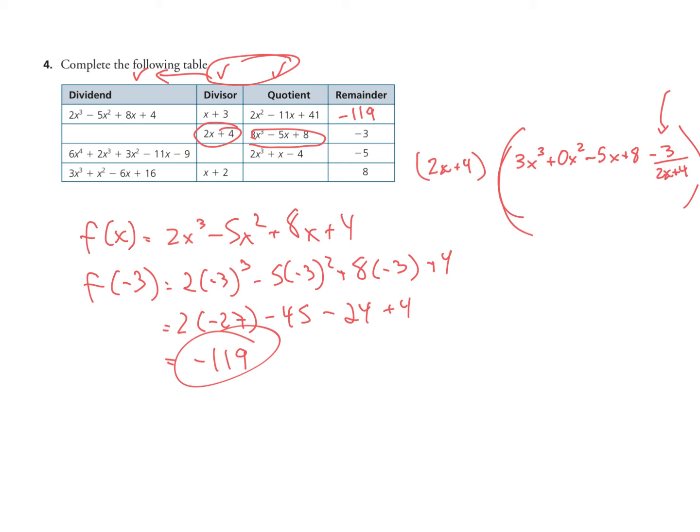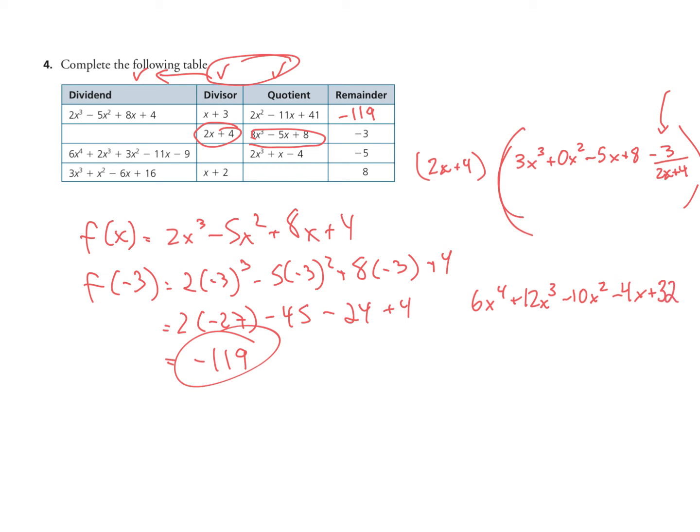All right, so let's multiply this out. You're going to have 6x to the power of 4 plus 12x cubed, plus 0x squared minus 10x squared, and you're going to have minus 20x and plus 16x, so minus 4x. And then you got plus 32.